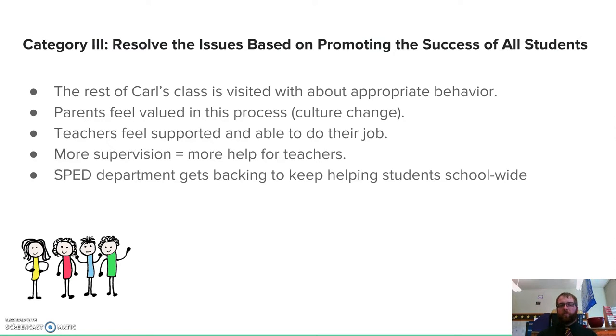Teachers hopefully will feel supported and able to do their job to the best of their ability. If we get more supervision, obviously that would help the teachers as well and help support them. And then, obviously the SPED department is boosted, hopefully, through this experience.